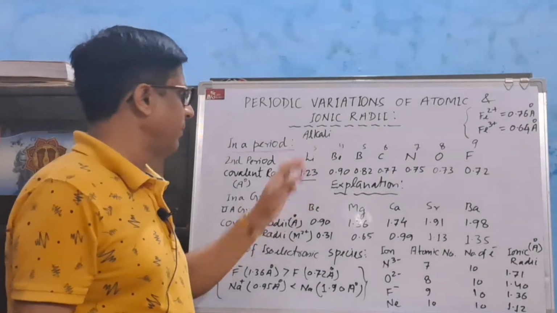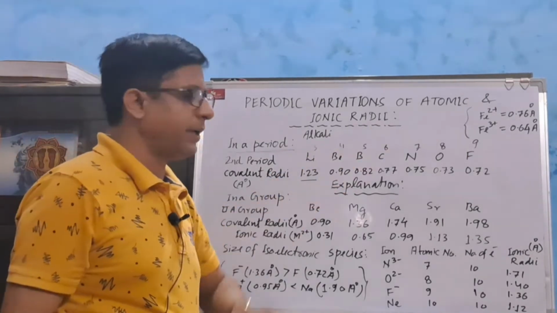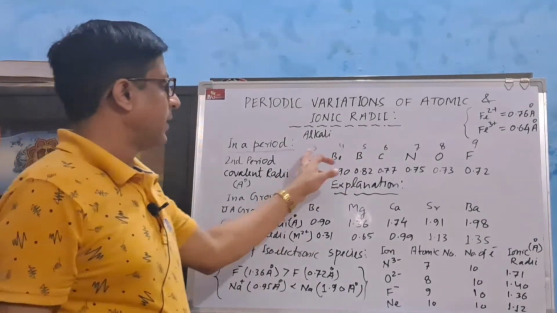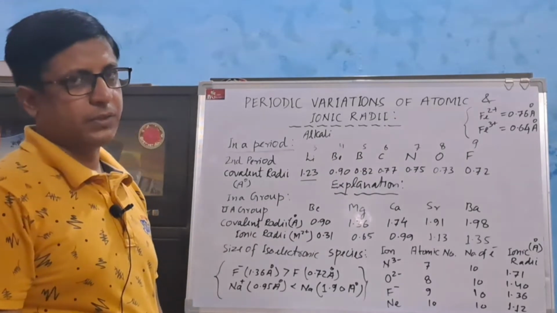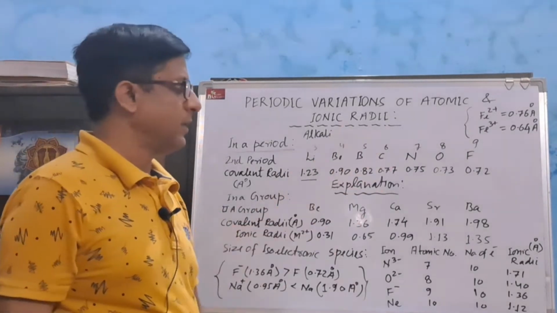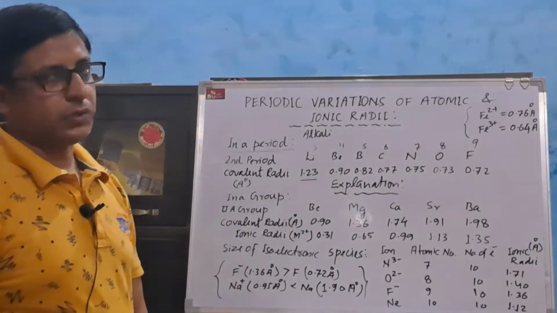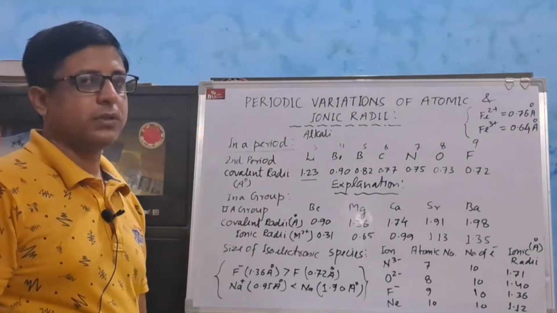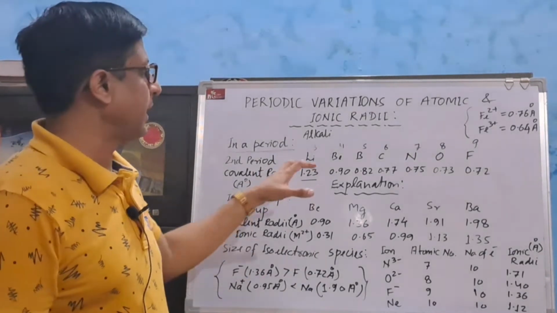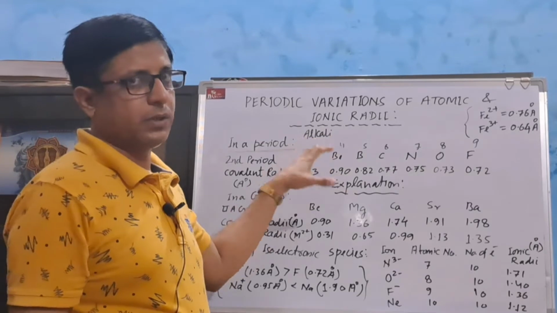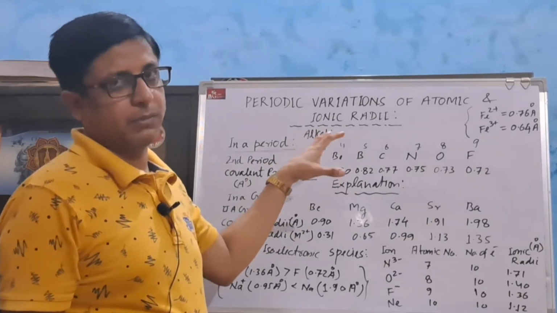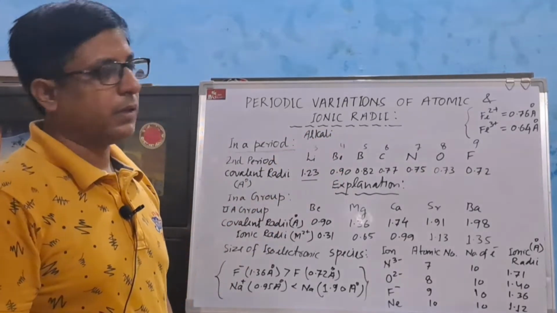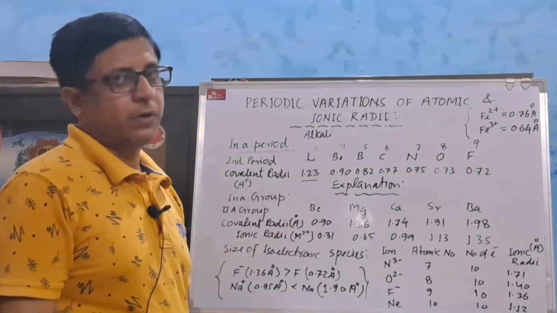We see that when we move left to right in a periodic table, the atomic number, that is nuclear charge, increases. The number of electrons also increases, but electrons are being added to the same main energy level. No extra new energy level is formed.